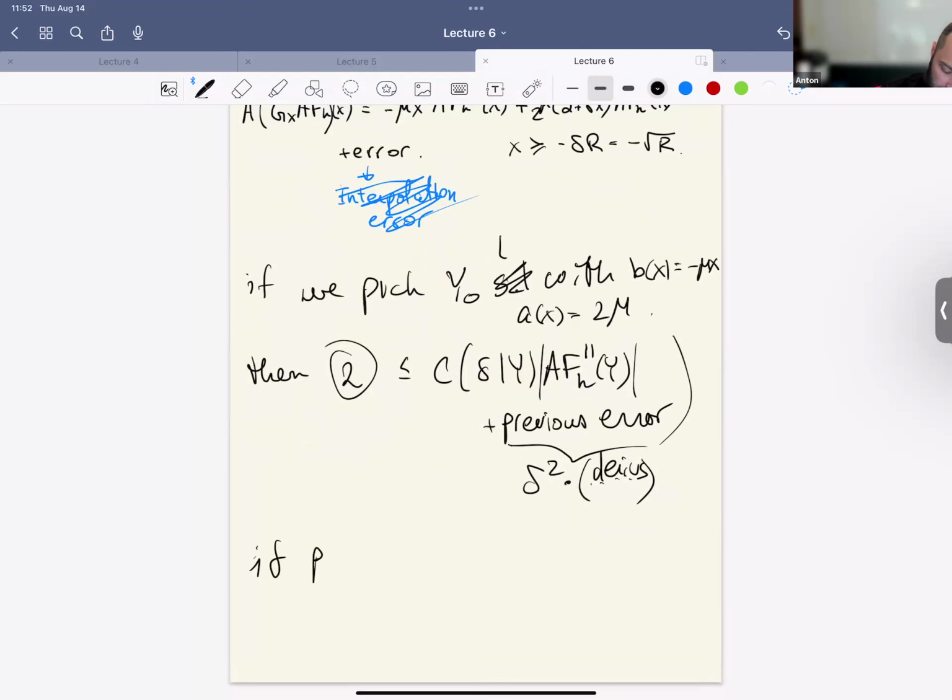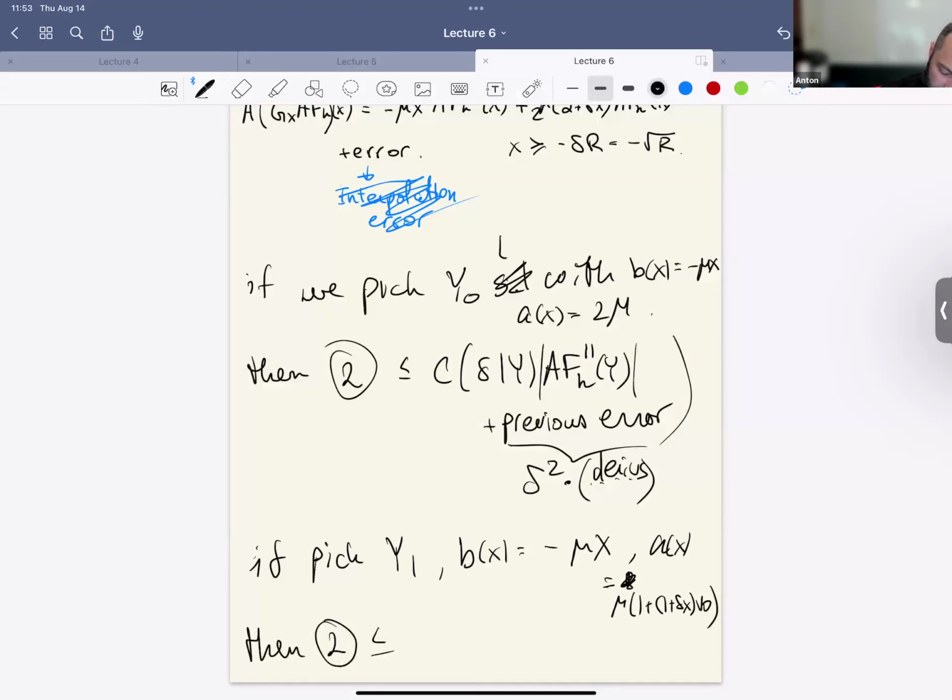If we pick y1, so that's b of x is negative mu x, a of x is 2 mu 1 plus delta x maximum 0, then number 2 is simply bounded by the previous error.